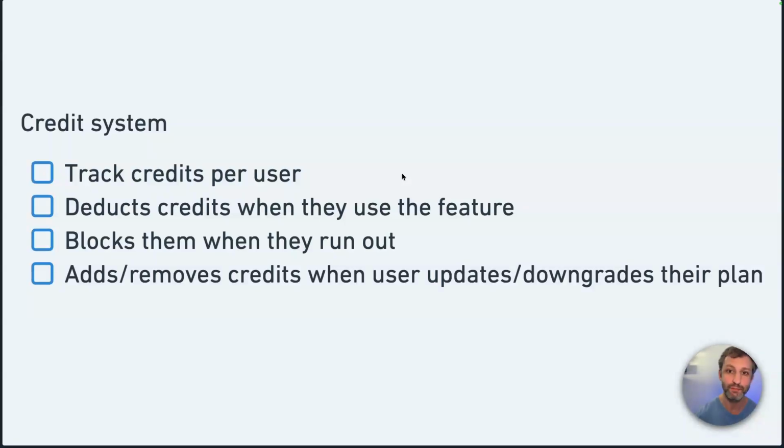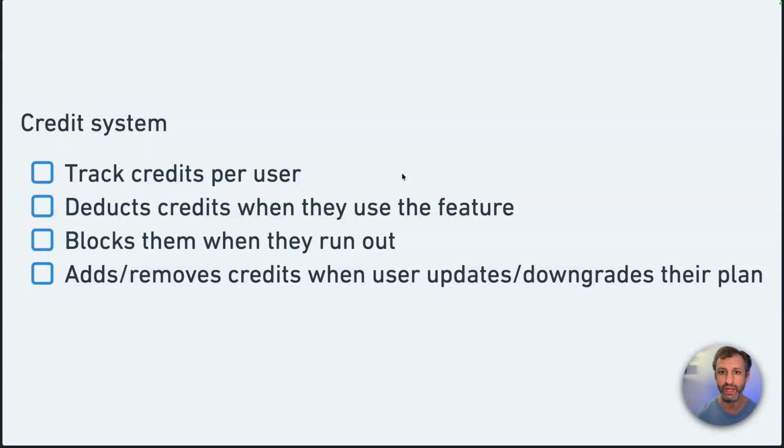Third, it needs to block the user when they run out and show an upgrade dialog or some sort of error message. And fourth, it needs to handle plan changes correctly, which means adding, refreshing, or adjusting credits when a user upgrades, downgrades, or renews through Stripe.